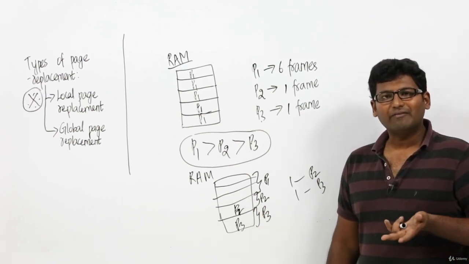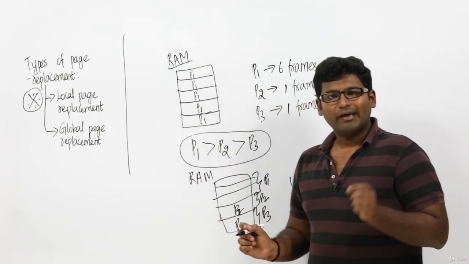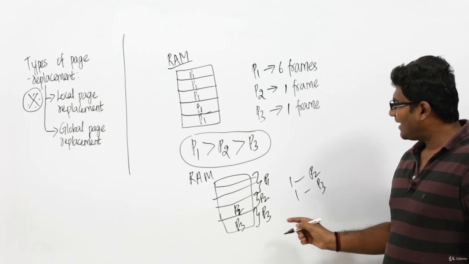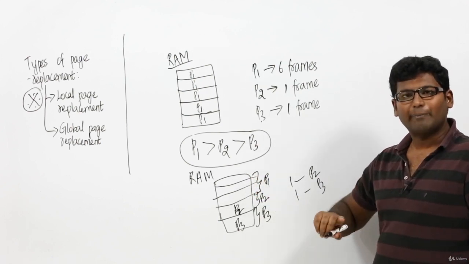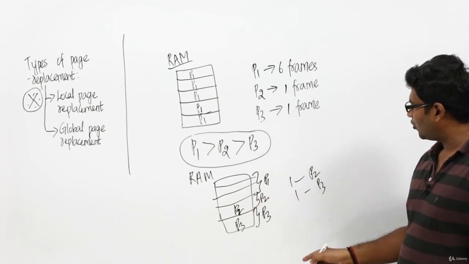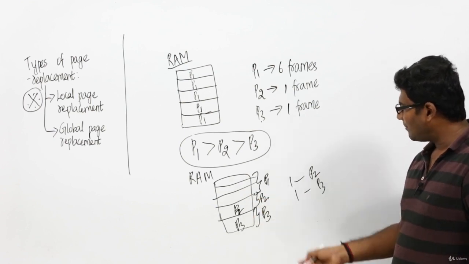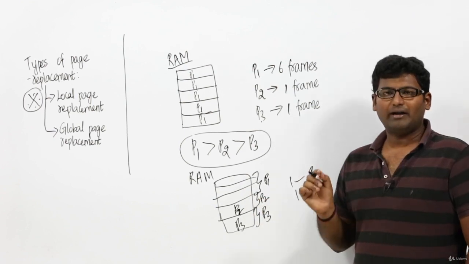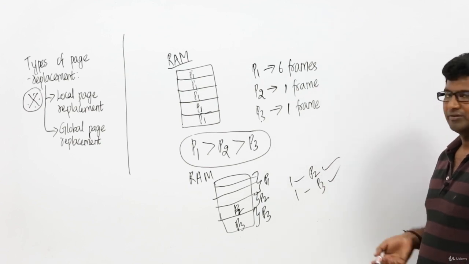Why? Because here we are using local page replacement, right? In local page replacement, a process can only access its own frames. It cannot touch other processes' frames. These frames are allocated to P2 and P3, and so process P1 cannot touch any of these frames. So ultimately, though P1 cannot complete its execution, P2 and P3 will complete their execution, right?